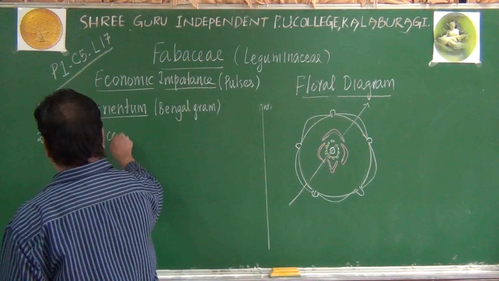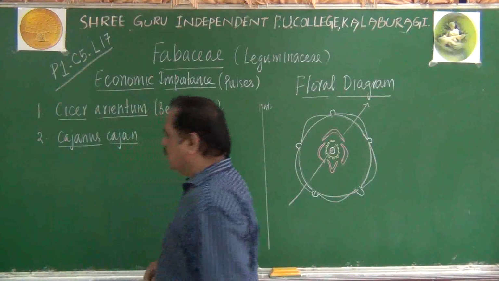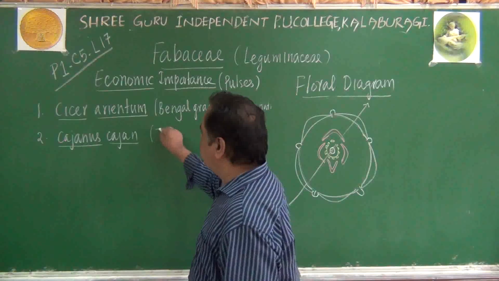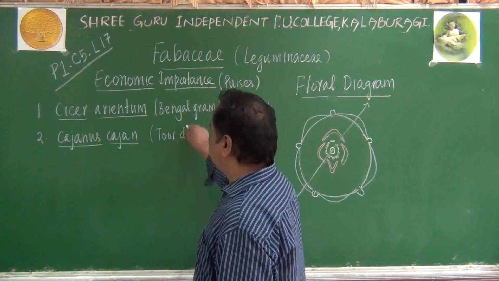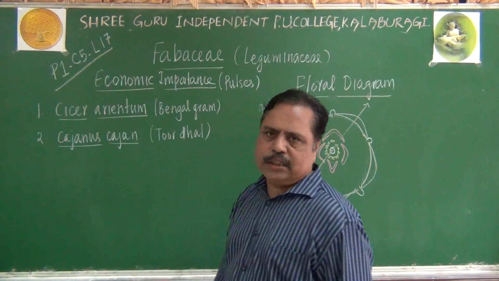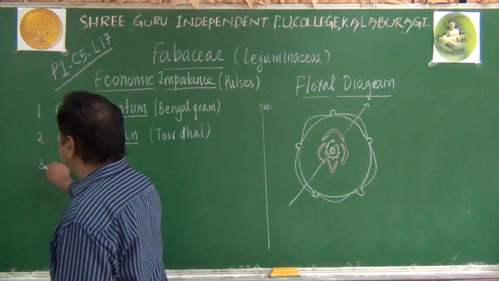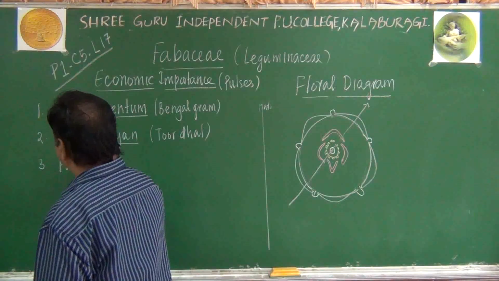This is another biological name, otherwise another name which denotes the tur dal actually. Dal variety, the tur dal, it is called the Cajanus cajan. Okay, remember it. There is another variety also, Phaseolus.